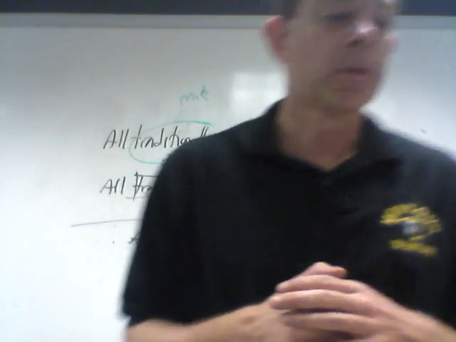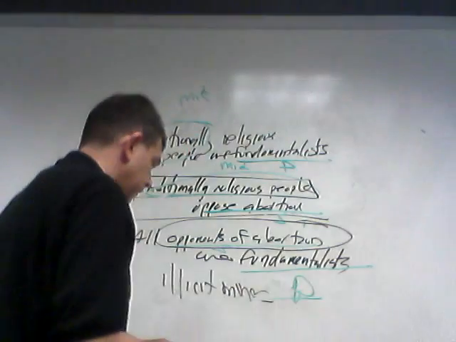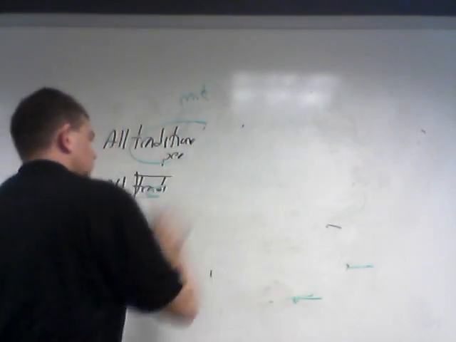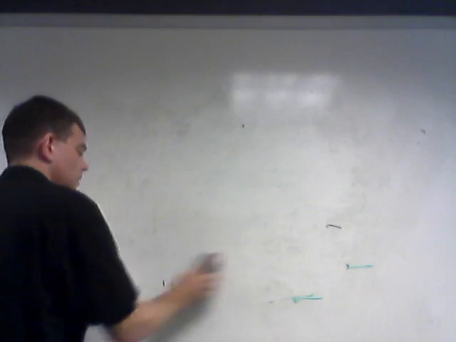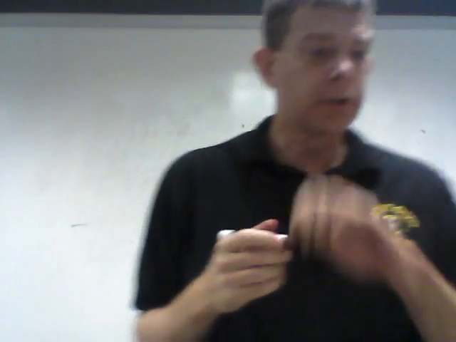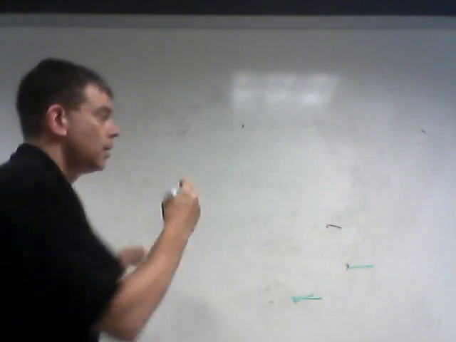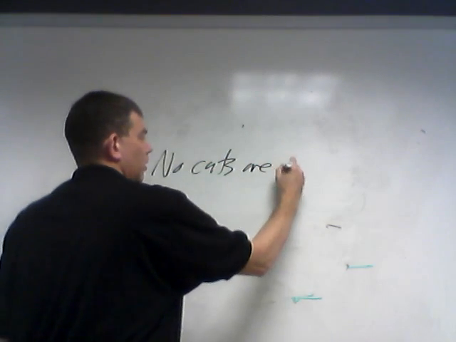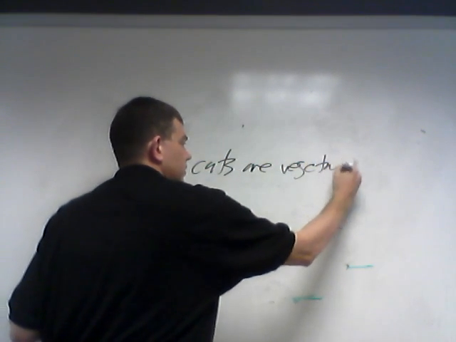Okay? Now, rule number 4 is pretty straightforward and easy. No valid argument can have 2 negative premises. Okay? That's a nice easy one. No cats are vegetarians.